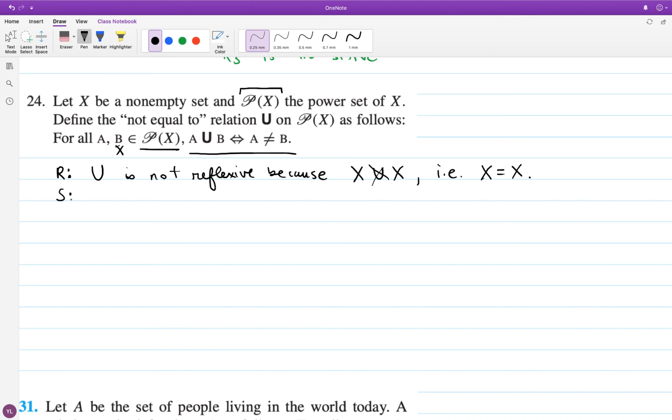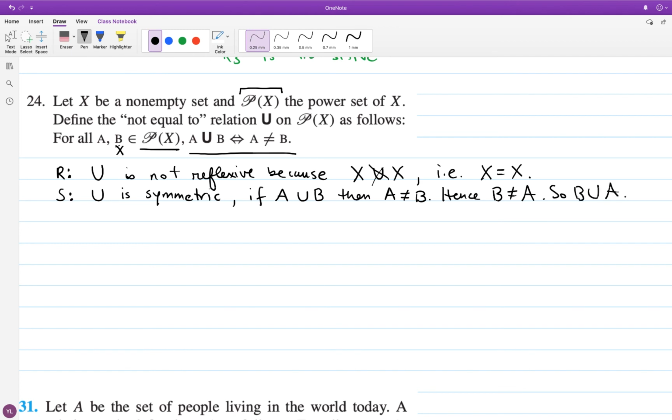Symmetric, yeah, actually it is. U is symmetric, and you just have to think about it for a second. If A is related to B, then what that means is that A is not equal to B. But that means that B is not equal to A, so B is related to A. This is awkward because my U is looking like a union.